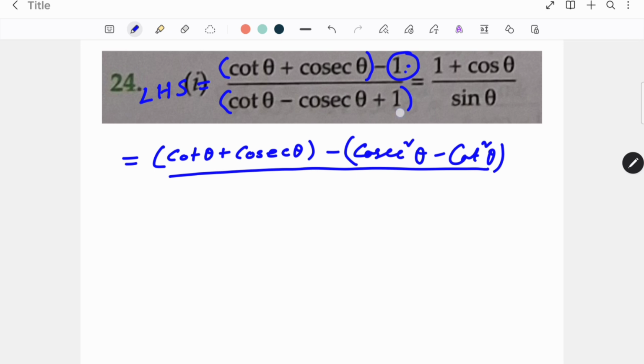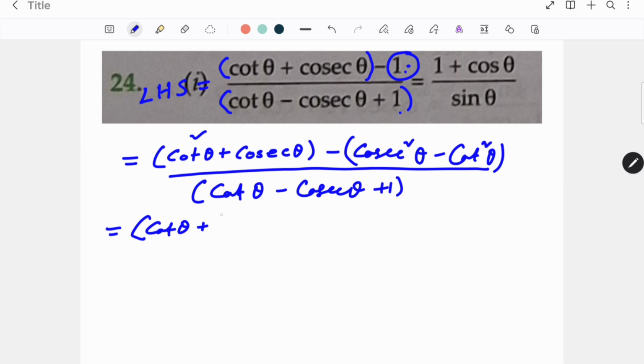If you split the down one also, it will not work. So the down one we keep as it is: cot theta minus cosec theta plus 1. Now this bracket part we keep as it is, no change on it. So cot theta plus cosec theta we will keep.